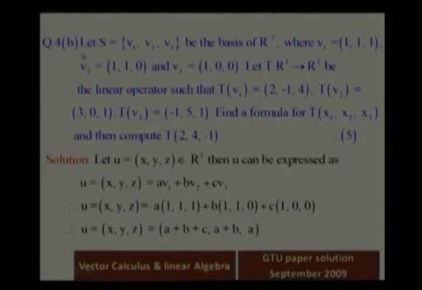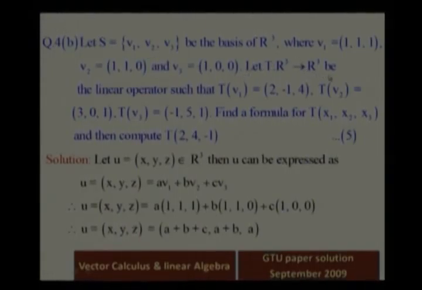Question 4b. Let S equal {V1, V2, V3} be a basis for R3, where V1 is equal to (1, 1, 1), V2 is equal to (1, 1, 0), and V3 is equal to (1, 0, 0).